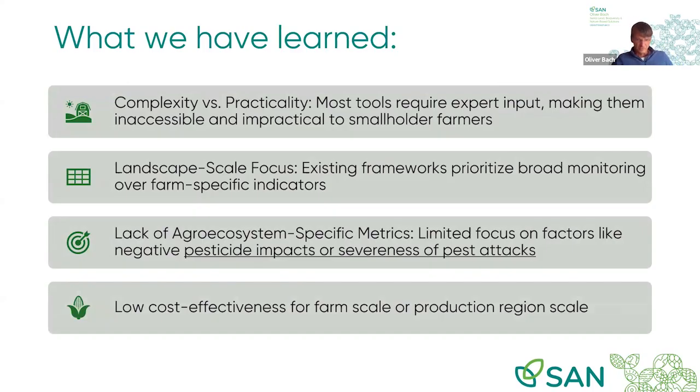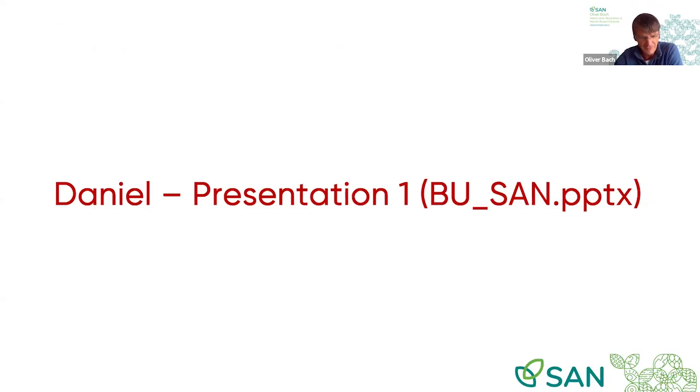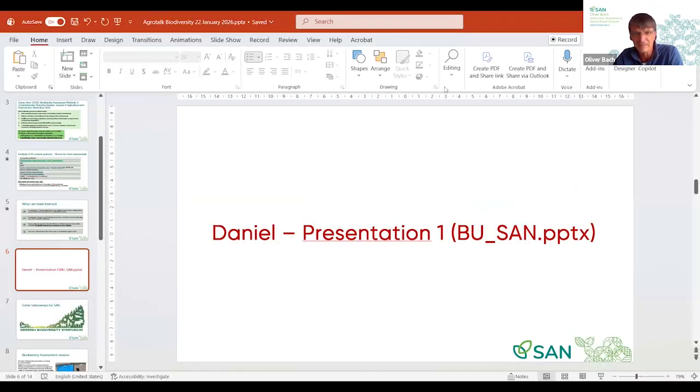They are only suitable for landscape scale, not for farm-specific indicators, and they lack information around, for example, pesticide impacts or the severity of pest attacks. The severity of pest attacks is an indicator of ecosystem health, right? So with that, I think I've said enough. I will stop sharing my screen, and Daniel, please, the floor is yours.